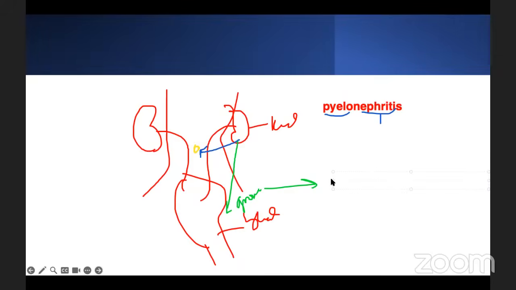Location and radiation. So flank pain, but where does it go? To the groin. Is what? Nephrolithiasis. This is kidney stone. It's completely different. You should not see what? Fever. Did you see how it is there?